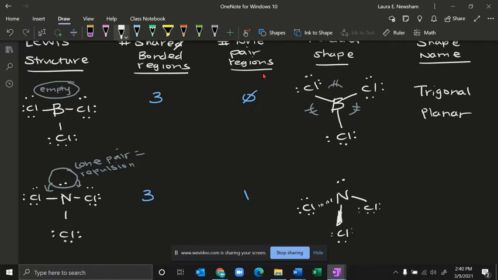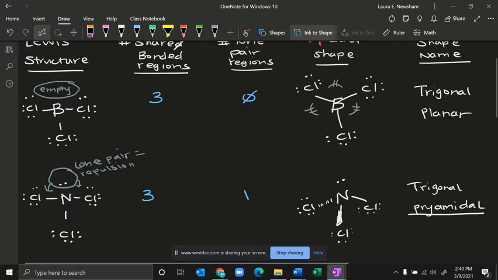And then we got our good old lone pair up there. So the name of this is, and again, you can name it trigonal pyramidal, but pyramidal being the main part of that name. Sometimes you'll see trigonal pyramidal, or sometimes you will just see pyramidal.